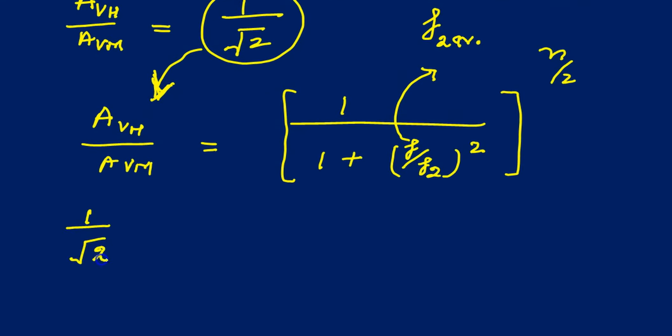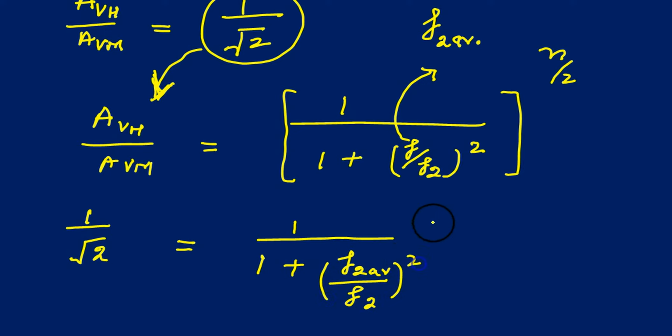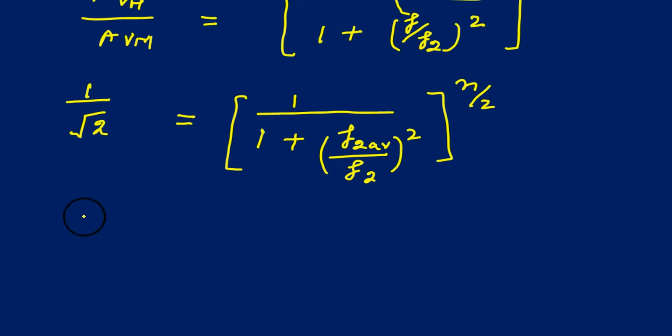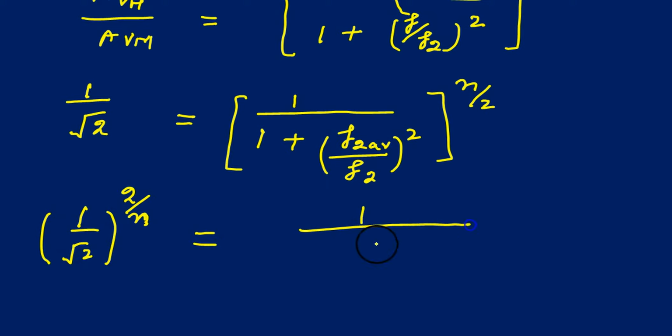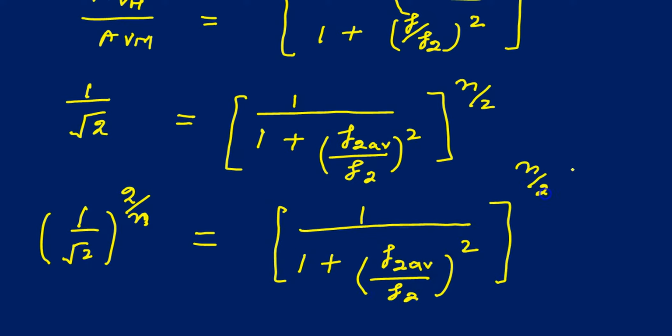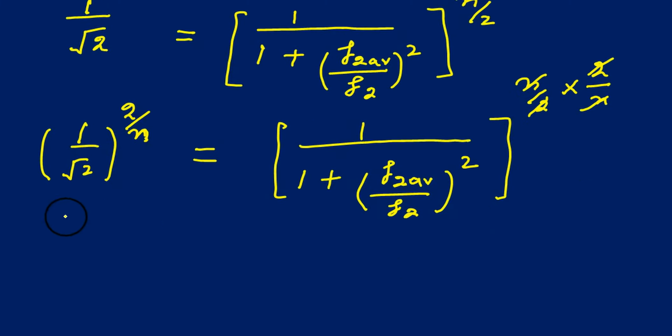With this, we simplify and we will get the value of F2 average. We are finding that average frequency which gives our total result, where the relative gain becomes 1 over the square root of 2.